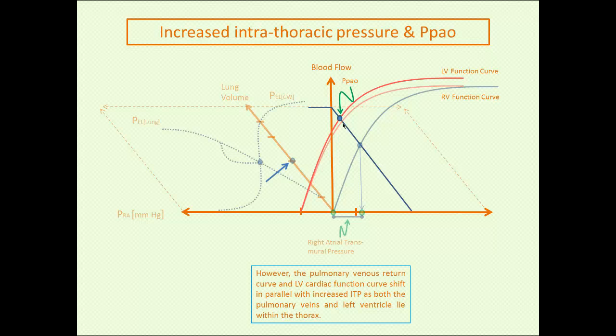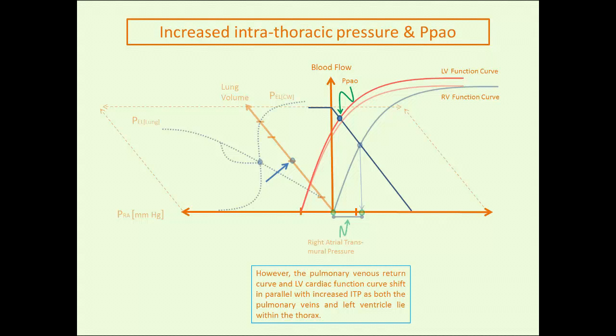The same is not true for pulmonary venous return, and the reason is because the pulmonary veins and the left ventricle both reside in the thorax, and both will be subjected to the same increase in intrathoracic pressure, as opposed to systemic venous return, where you are increasing the pressure around the right heart relative to the systemic vein.